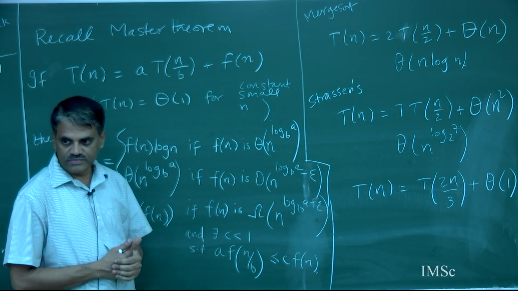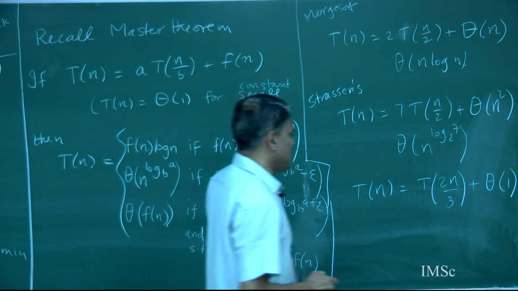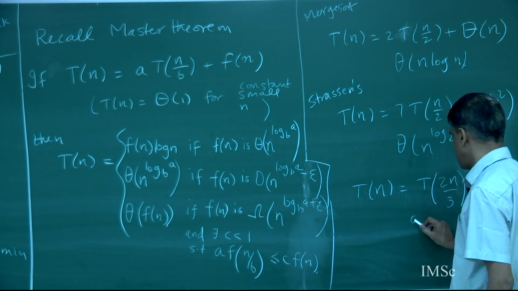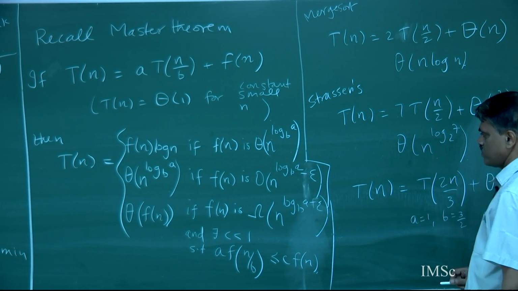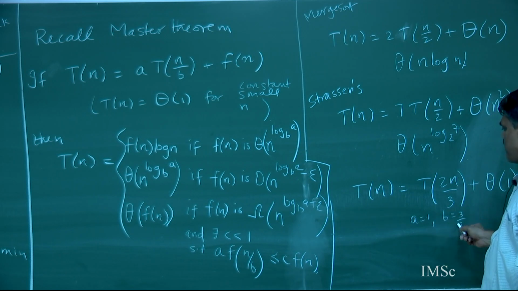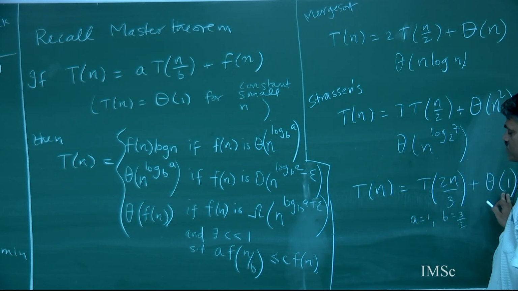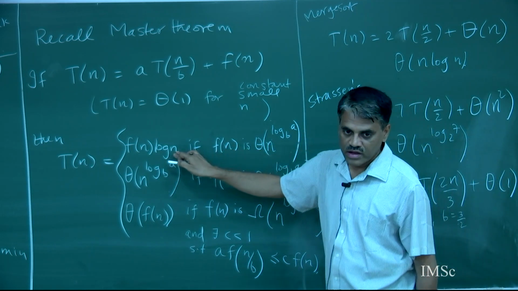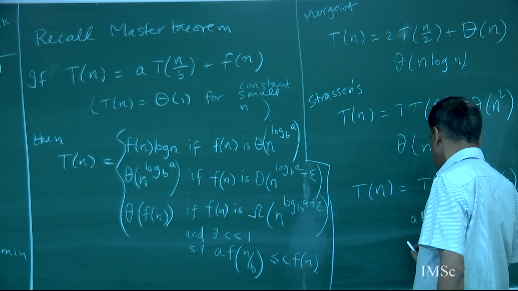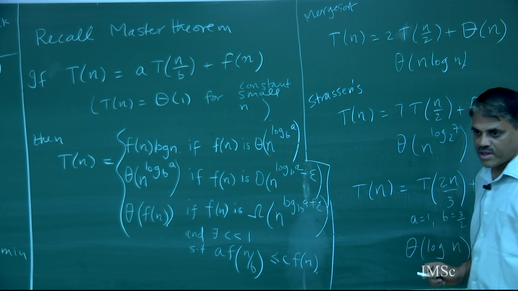So what is it? What is a? What is b? a is 1. b is actually 3 by 2. So log a to the base b is 0, n power 0, so that's constant. This is also constant. So it falls into here, so you just multiply by log n. So that's theta log n.